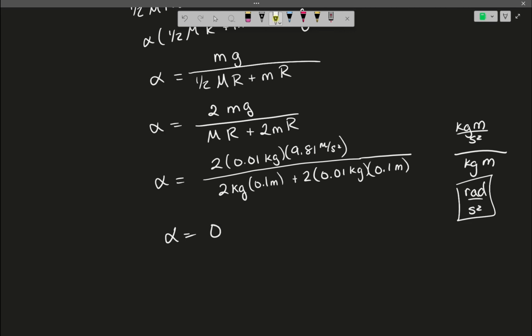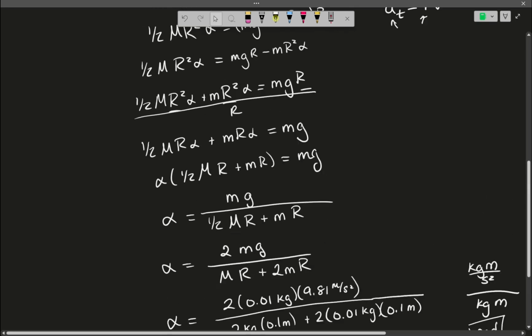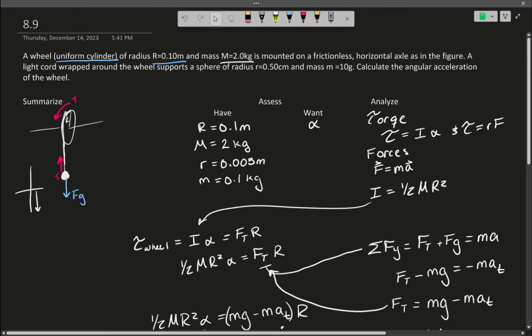And I get a solution of 0.97 radians per second squared. I don't really have a way to determine if I think that this is a realistic answer or not. But because I did this dimensional analysis, I feel fairly confident that our solution is correct.